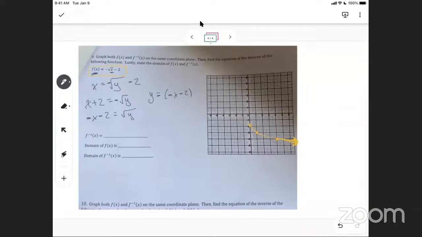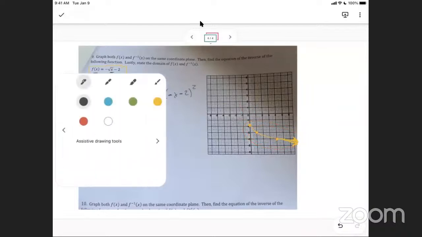-x minus 2 squared. Now, the only problem is when you do that, that's going to look like a parabola, right? That's a parabola. So that would look like this, but you need to consider the fact that you had a limited domain. Your domain for this original function was limited to, I'm going to write it up here so you can see.